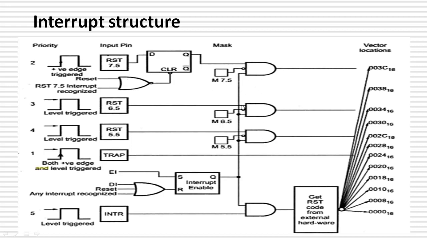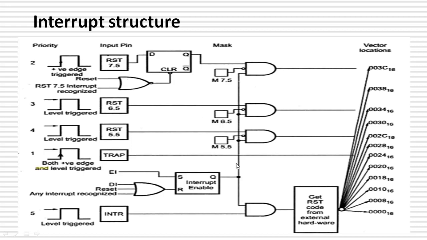The third input of the AND gate is from an SR flip-flop. To enable this SR flip-flop, we use EI, enable interrupt. Only if the enable interrupt instruction is given will the three interrupts be enabled. If it is not given, the three interrupts will not be enabled.